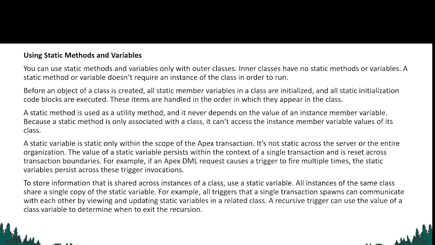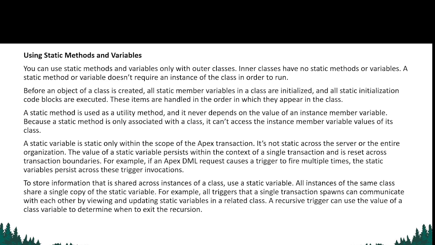The inner class does not have any static methods or variables. A static variable will not have any instance of the class as it is declared as static. So whenever an object is being created inside a class, all the static member variables in the class are initialized and all the static initializations are also executed. These are handled in the order in which they appear in the class.